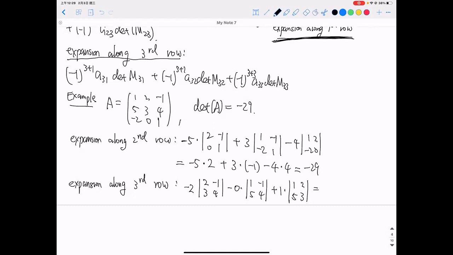And that is minus 2 times 8 plus 3, 11. The second term is 0. So plus 1 times, what is this? 3 minus 10, negative 7. So negative 22 minus 7, negative 29.